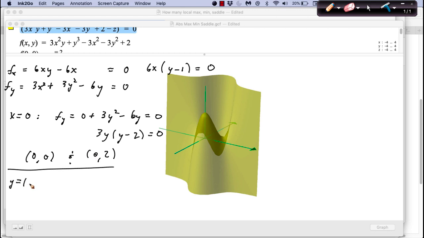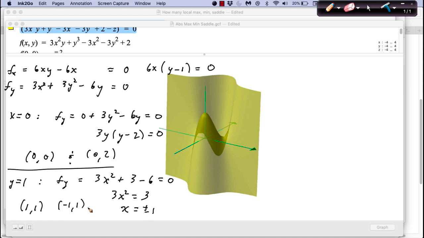And if y equals 1, then we get 3x squared plus 3 minus 6 equals 0. So 3x squared equals 3, and x could be plus or minus 1. That gives us 2 more ordered pairs, (1, 1) and (negative 1, 1).